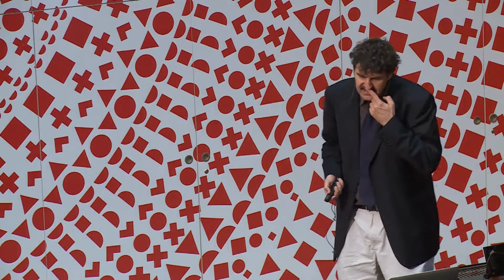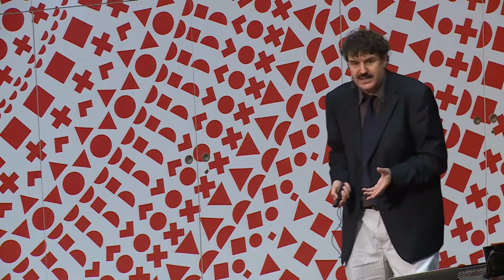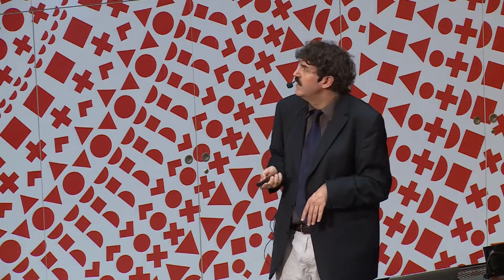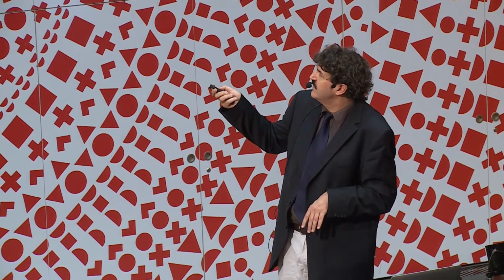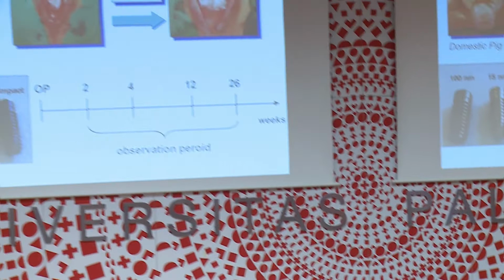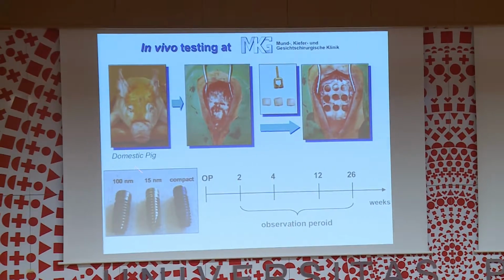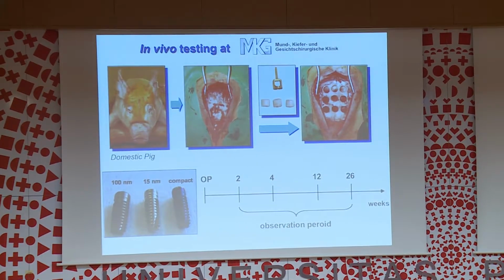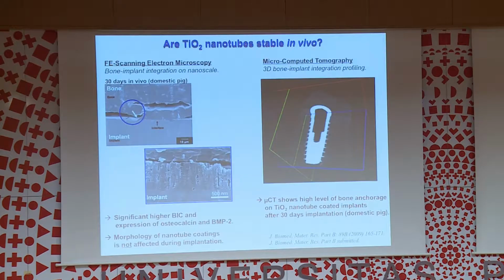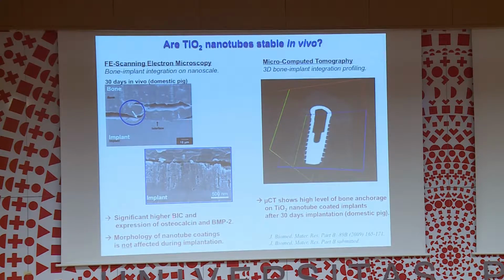So in the next step were real animal experiments where nanotube surfaces were put onto dental implants, or into samples that looked approximately like this, and they were put into the skull of domestic pigs, and then animal tests were performed after some time. And the result was indeed significantly better bone implant contact.